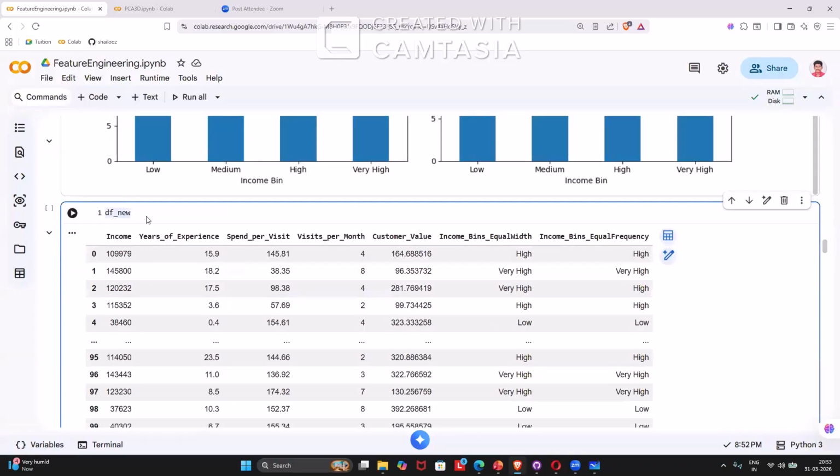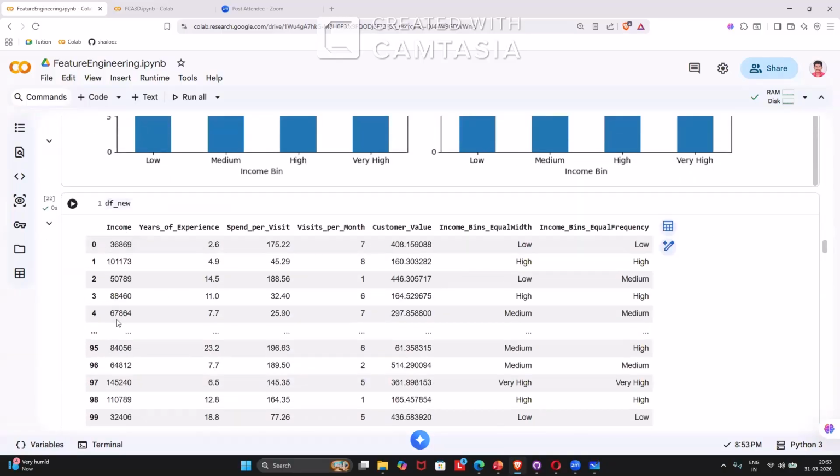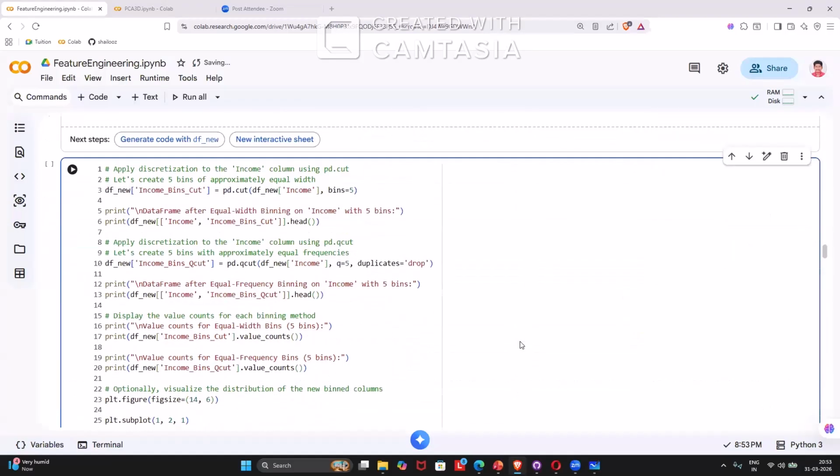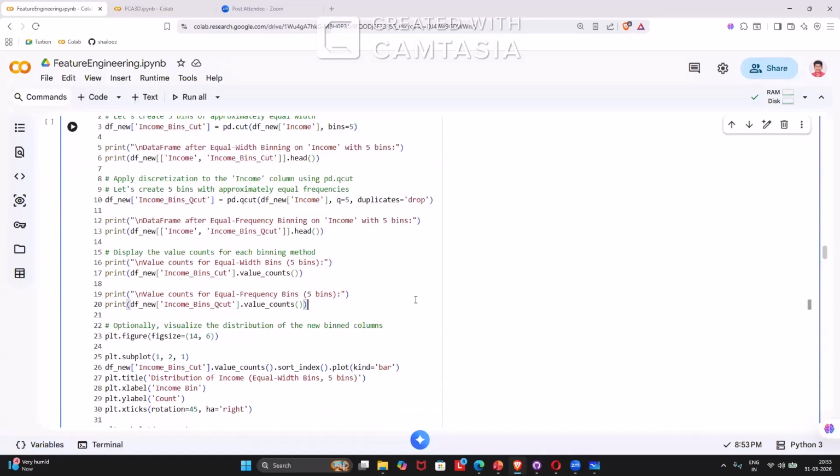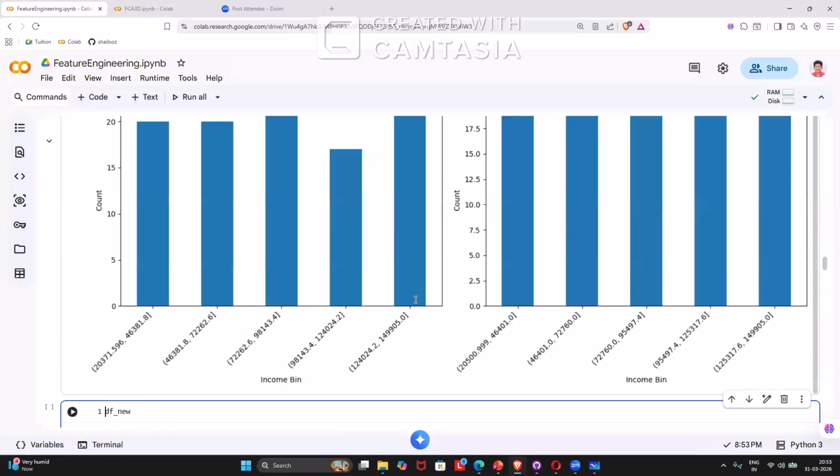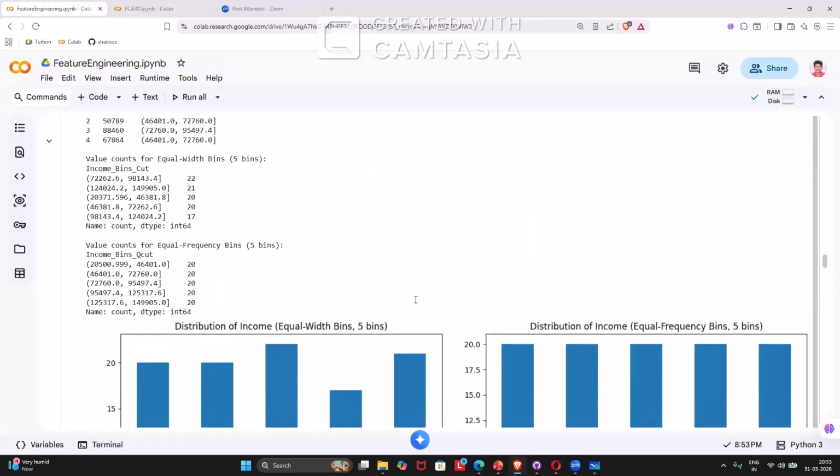After this, we can convert our income data, which is a numerical value, into a categorical, distinct one. This is also showing another example.